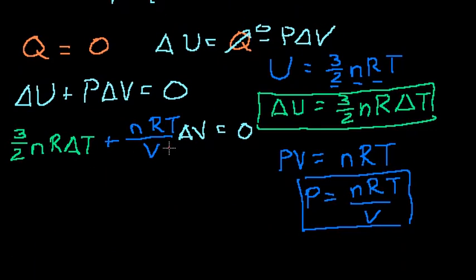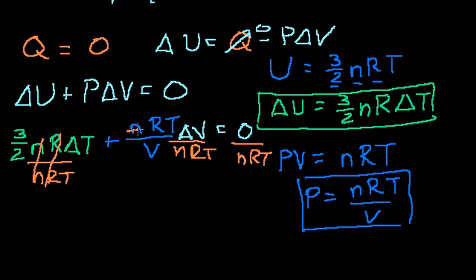So let's see if we can simplify this before I break out the calculus. If we divide both sides by nRT, what do we get? We have to do it to both sides of this equation. Well, on this term, the n cancels out, the R cancels out.